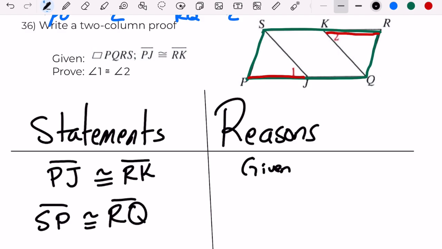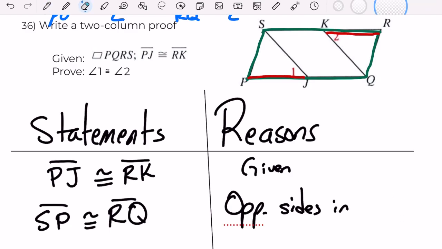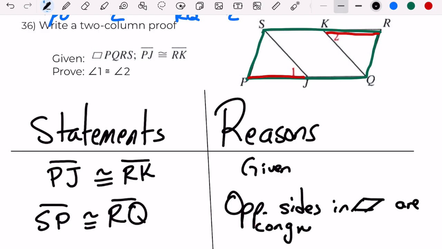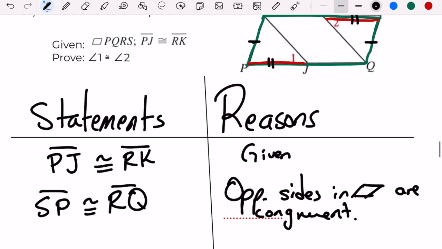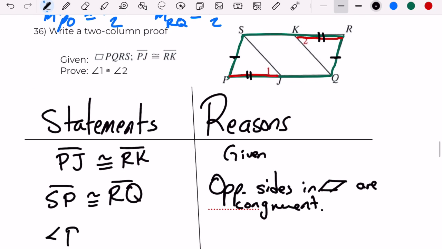Now, then SP and RQ are congruent because opposite sides in a parallelogram, I'm just going to draw a little parallelogram, are congruent. So now we know that this and this are congruent.